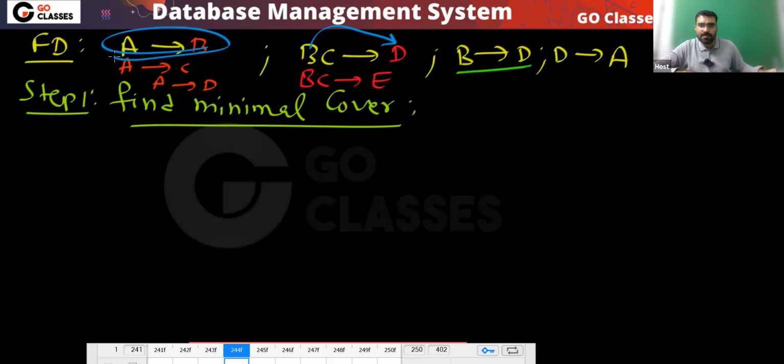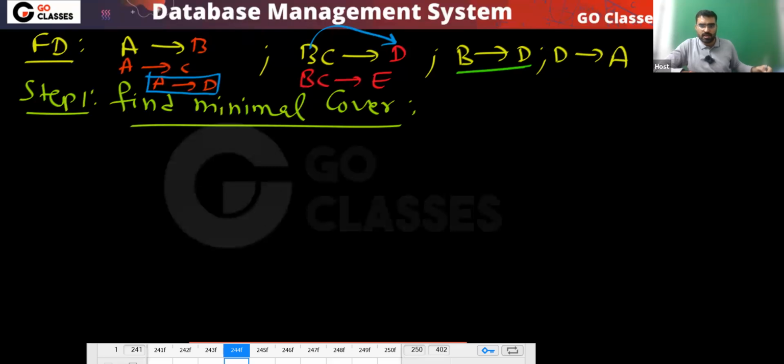No. If I remove this, can A determine D? Yes, A can still determine D because A will determine B, B will determine D. So this is gone. If I remove A determining C, then I cannot remove that.